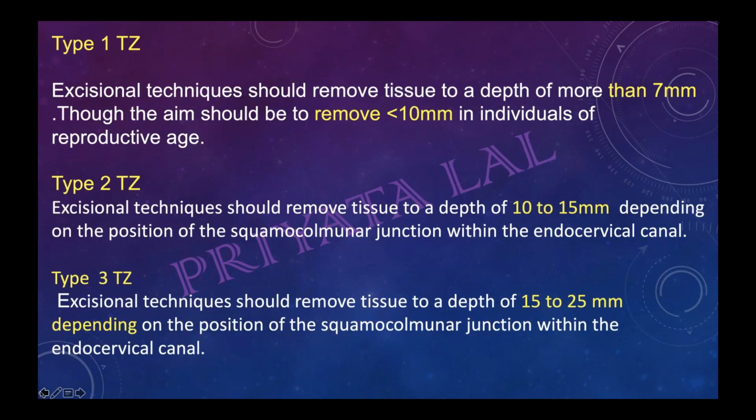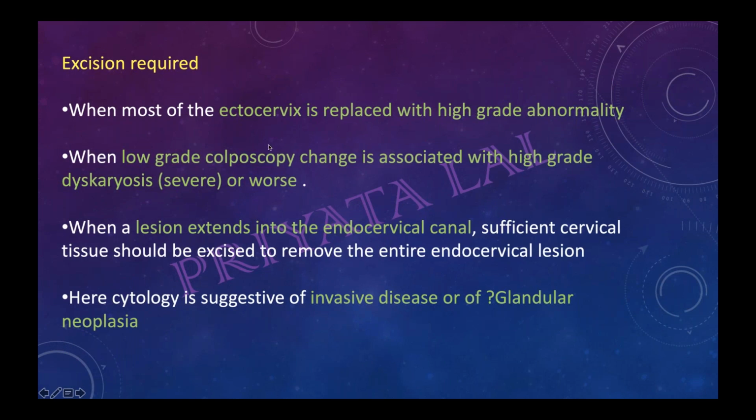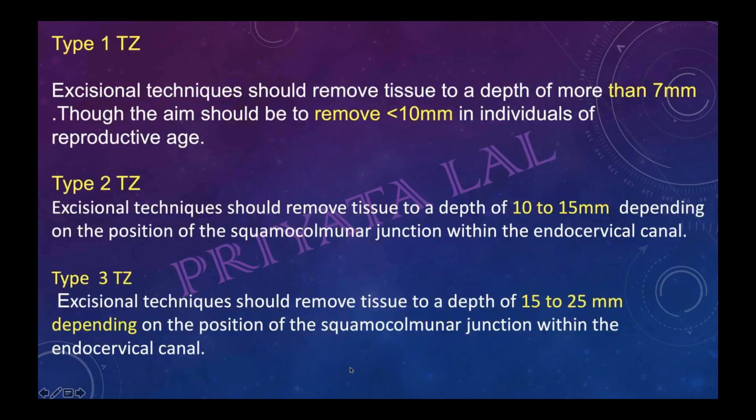If your patient comes in this category and you have decided on an excision type of treatment, then this is what the guideline gives. If the patient has a type 1 transformation zone, your aim should be to remove tissue with a depth of less than 10 mm. If the patient has a type 2 transformation zone, the depth of tissue removed will be 10 to 15 mm.